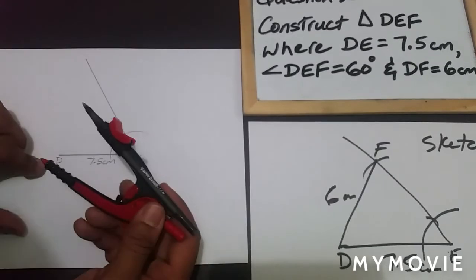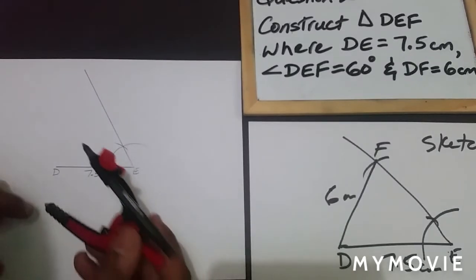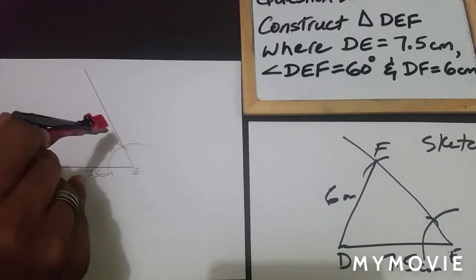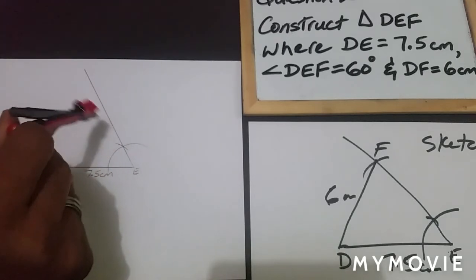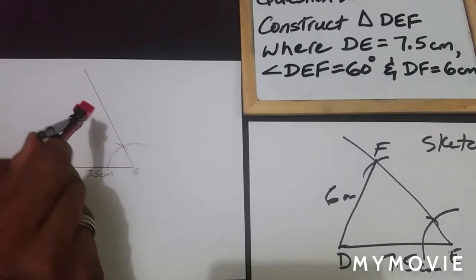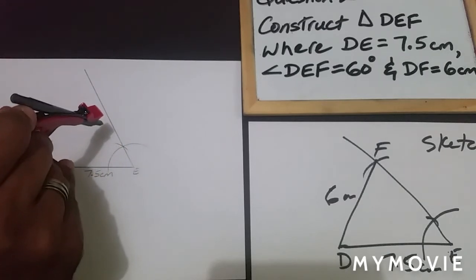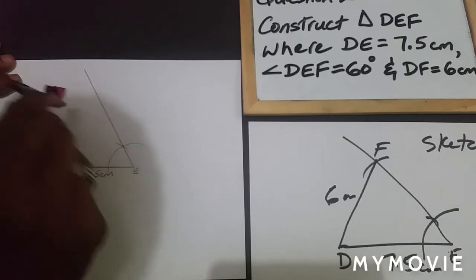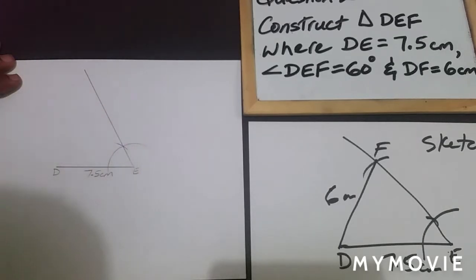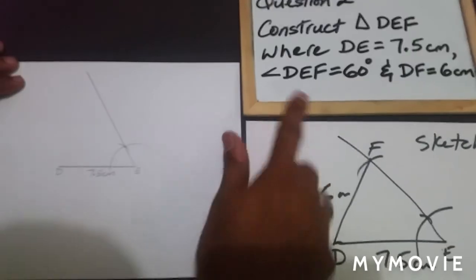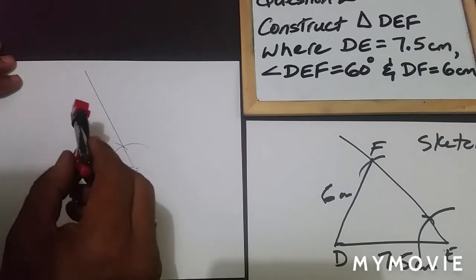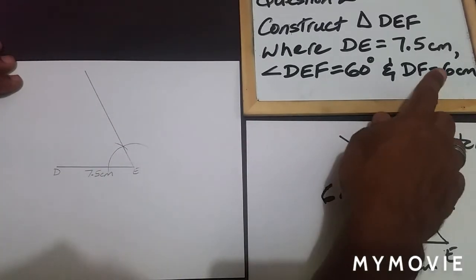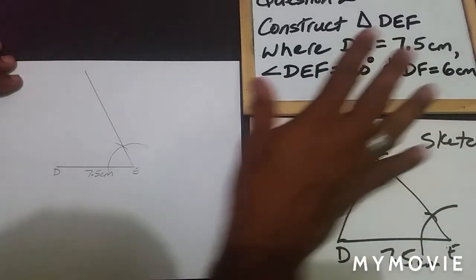So what I'm going to do is put the compass point at F as indicated here. All right. Okay, now this brings up a good point. Because if you notice here, when I swing, it's not going to touch the line. Now, this question actually came out of my head. If it's not going to touch the line, that means that this length would have been insufficient based on the triangle.